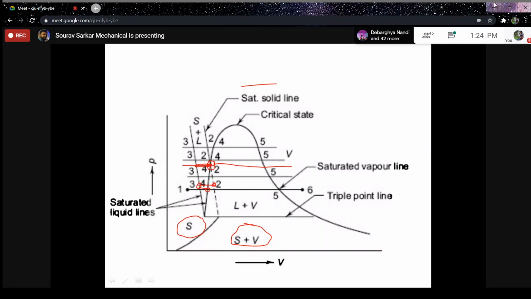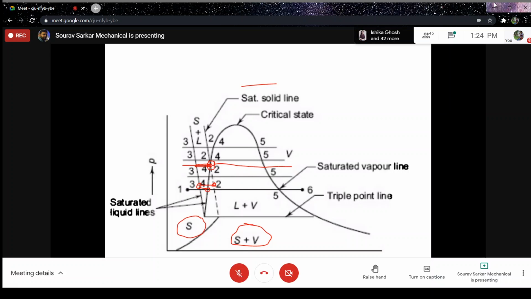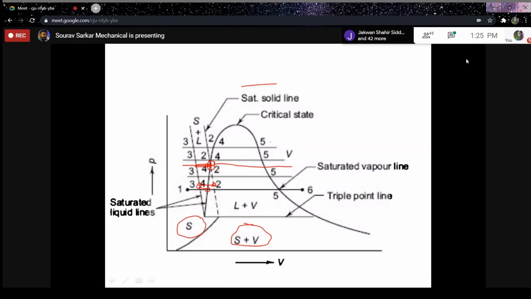So the volume at which it started to melt and the volume at which it is about to boil are the same, accidentally. So this may be some special type of pressure.